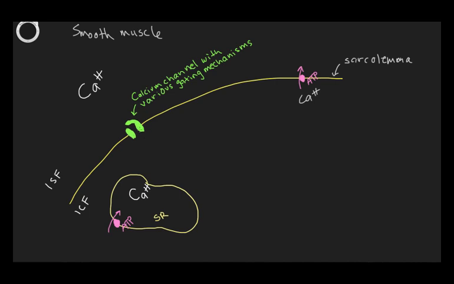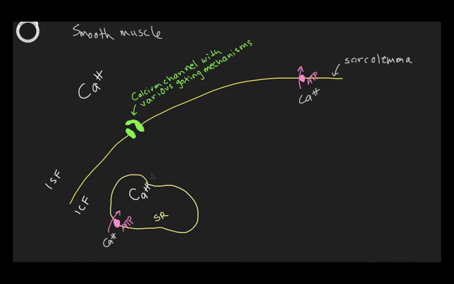Or this could be a receptor that's connected to other proteins, and a second messenger system results, or activation of that second messenger system rather, results in increased levels of cytosolic calcium. And then we have our sarcoplasmic reticulum here, the SR, storing lots of calcium in it, and again, a calcium ATPase to put calcium back.